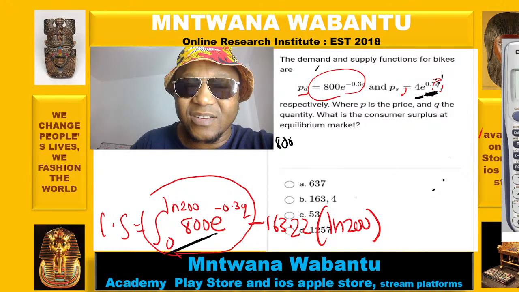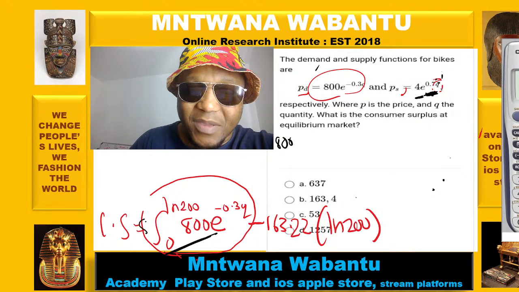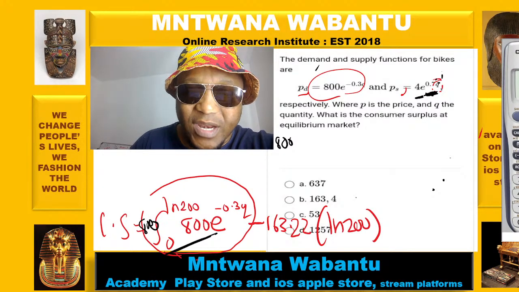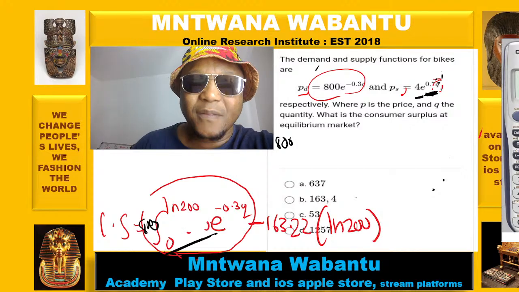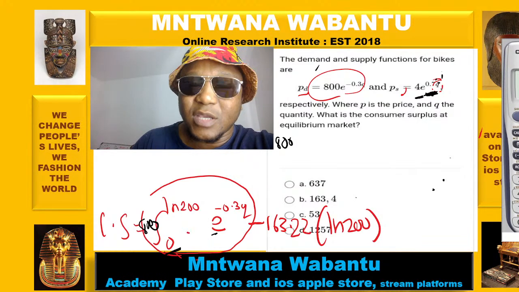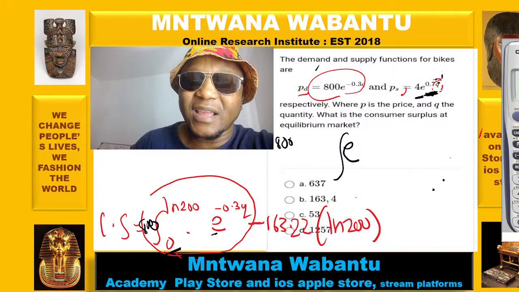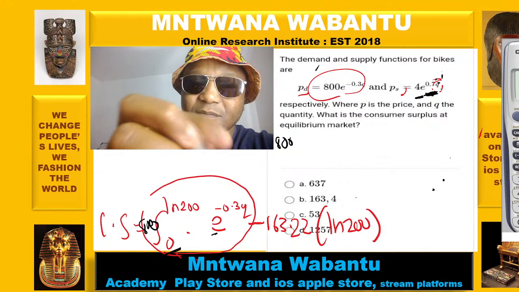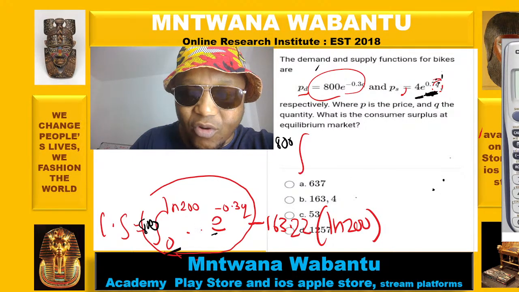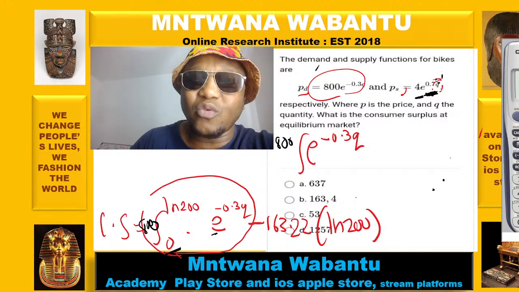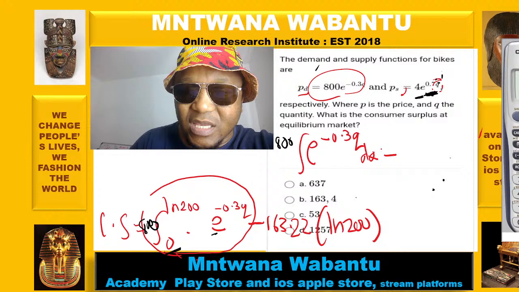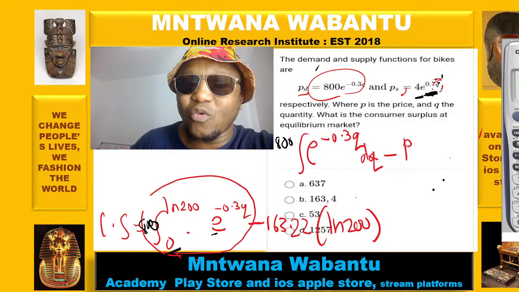So we are only left with e power, like you integrate e, because 800 went behind. Let me show you the steps. It's going to be the integral of e to the negative 0.3 Q dQ, minus P times Q.